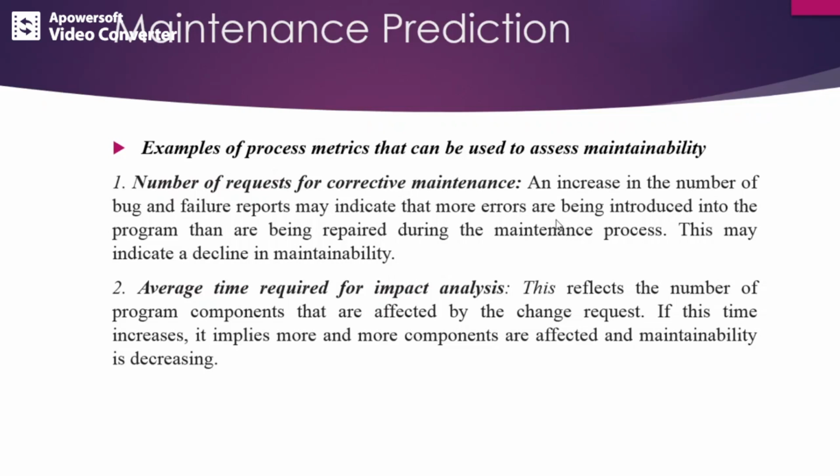During the maintenance process, that is, when you modify or update your system, if by observation you get to know that the number of bugs or faults increases faster than they are being repaired, then there is a decline in maintainability. You need not go for maintaining such types of systems. If the number of bugs or errors is more than those being repaired during the maintenance phase, then you have to go for the decline of that system.